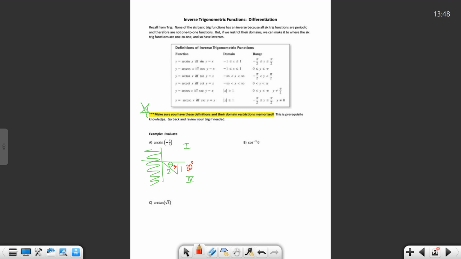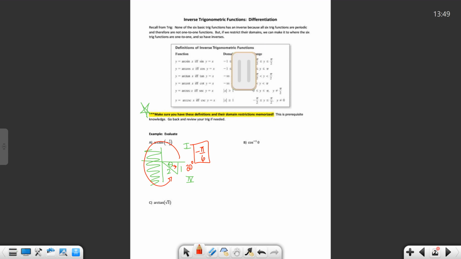This is your 30, 60, 90 triangle, so you want the 30 degrees down there. What you can't do is go all the way around and give me 11 pi over 6, because arc sine is only between negative pi over 2 and positive pi over 2. So you can't give me 11 pi over 6 because that isn't in there. You have to give me negative pi over 6.